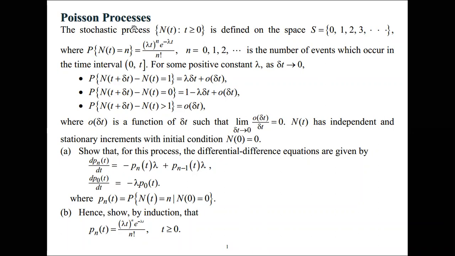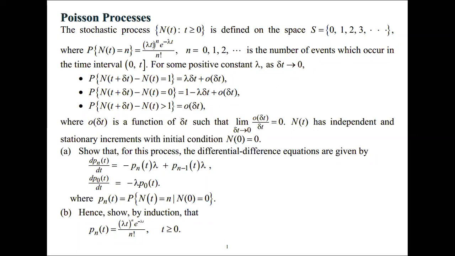Okay, so we have the stochastic process N(t), defined on the state space S, which is 0, 1, 2, 3 to infinity, where the probability that N(t) is equal to n is given by this Poisson distribution. It is the number of events which occur in the time interval from 0 to t.